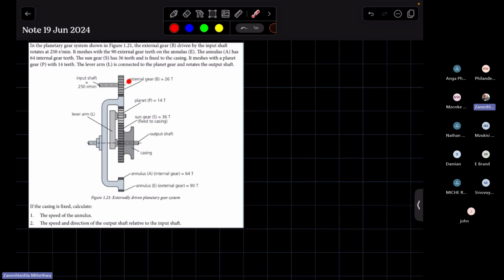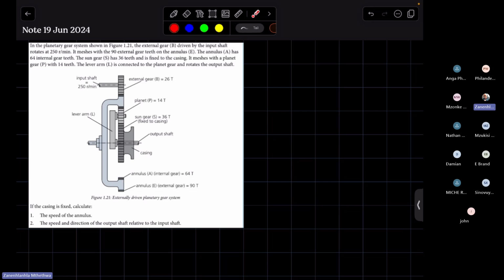With an external gear. Why do we have an external gear? Because for this particular case, they needed to fit the input shaft onto an external gear, maybe for the frequency as well as direction of the annulus, whatever the case.